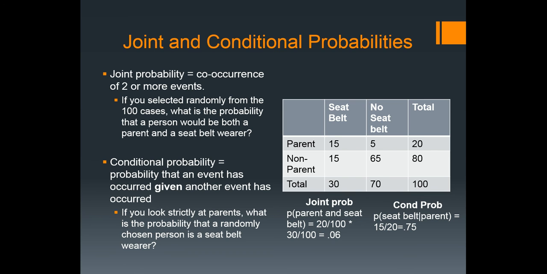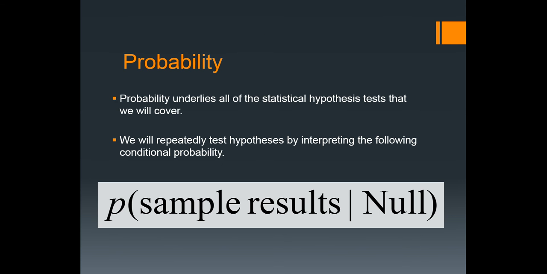So to do that, we would just simply look at the parents and see, okay, that's 15 out of 20, that's 0.75 probability, right? Conditional probability, something is given and we want to look at what's the probability of some other event given that another event has occurred. So looking strictly at parents, what's the probability that a person at random would be a seatbelt wearer, and that's 15 out of 20, 0.75 probability.